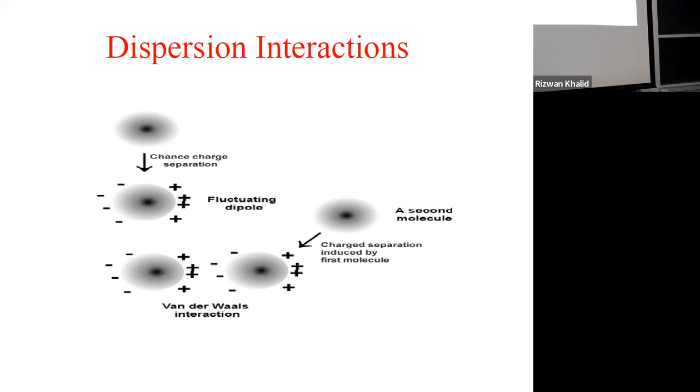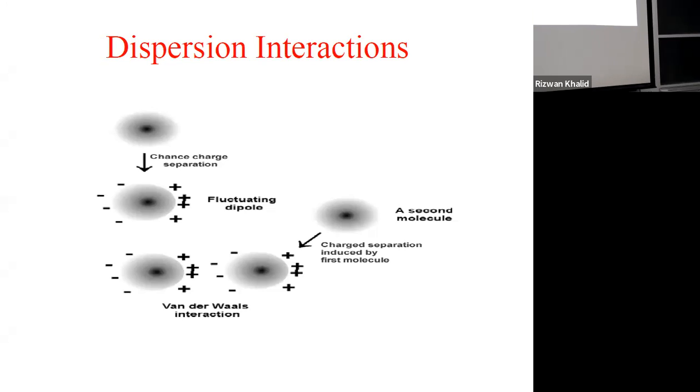Before I go to DFT, I would like to introduce the idea of dispersion interactions, which I actually did in the beginning. If we have a neutral atom, for example, an inert gas atom, then its electronic cloud gets polarized instantaneously due to quantum fluctuations.